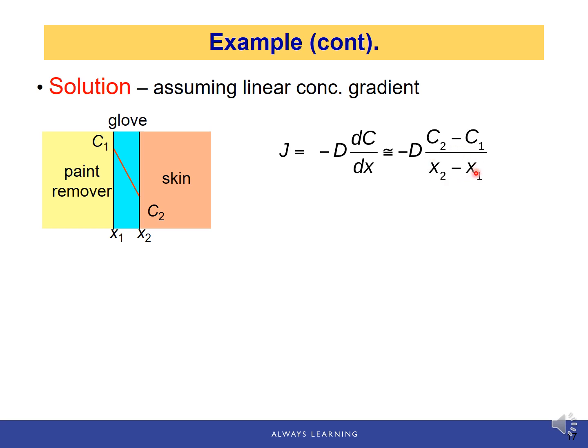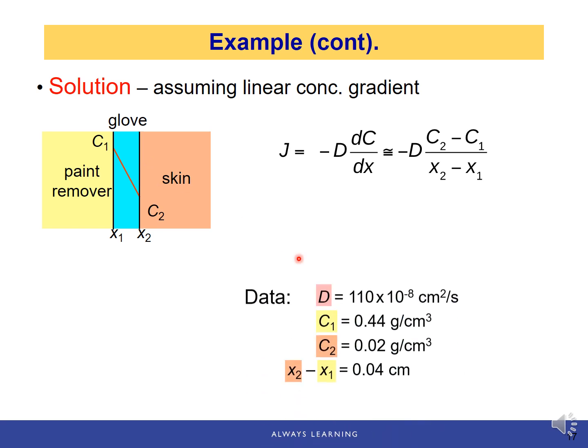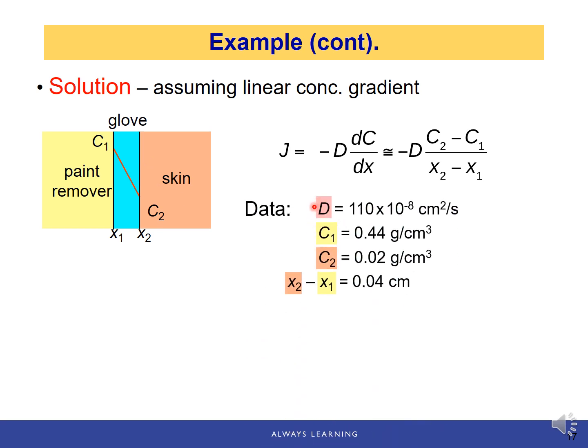Again, X2 minus X1 is the thickness of the glove, and C2 and C1 are the concentrations at both surfaces. Here is the given information: the diffusion coefficient D, C1, C2, and X2 minus X1, which is the thickness of the glove.